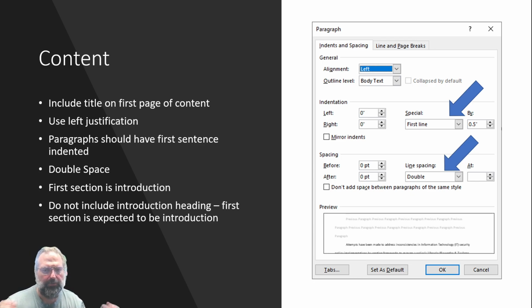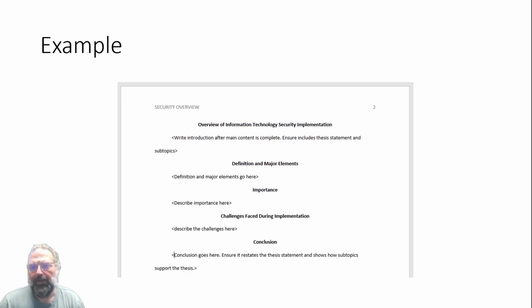So I should never see introduction bold and centered on your paper. It doesn't go there. And generally speaking, you can see inside of Microsoft Word the settings that you'll want to be set. One of the advantages of using a template is this stuff will already be set up correctly for you ahead of time. Here's an example of what an APA template looks like after having replaced the title with the title from the title page.